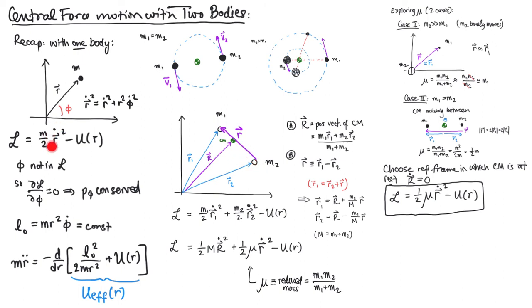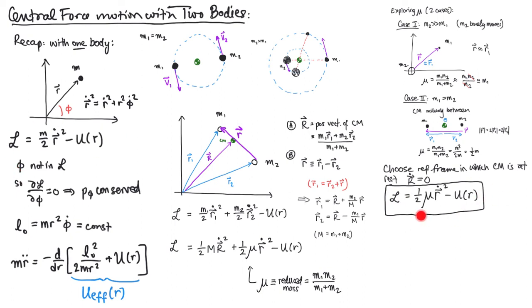And now this position vector, which used to be the location of the mass relative to the origin, now this position vector that we're talking about in our new Lagrangian is the relative position of one mass relative to the other. Okay? But everything that applied in the one body case is also going to apply here because the form and structure of the Lagrangian is the same.